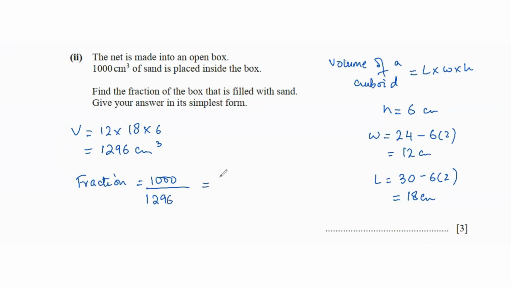So if we simplify this, 1000 divided by 2 is 500, and 1296 divided by 2 is 648, which can be further simplified to 250 and 324, sorry, which is 125 over 162.